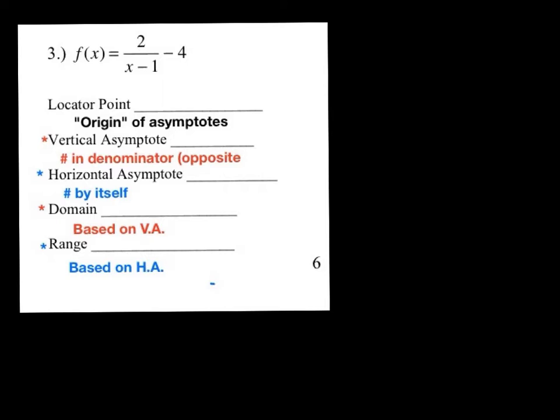If we look at number 3, it says f of x equals 2 divided by x minus 1, minus 4. The locator point is the origin of your asymptotes, per se. It's like the center of your graph is moving. That's based upon the value being added or subtracted in your denominator, and the value being added or subtracted out by itself.